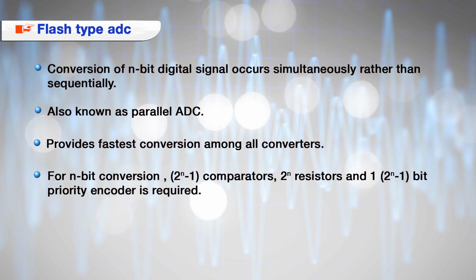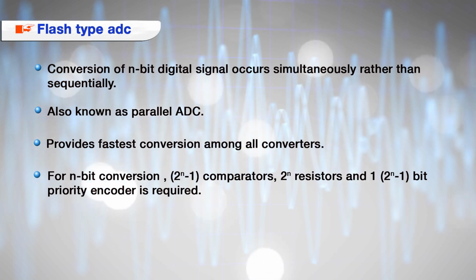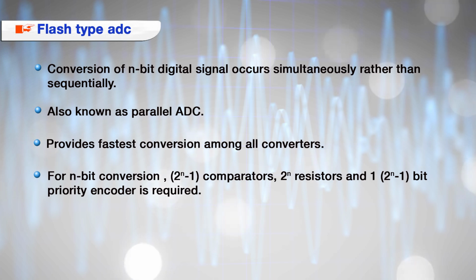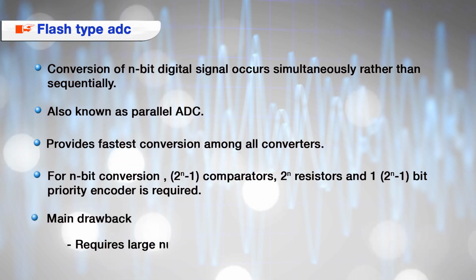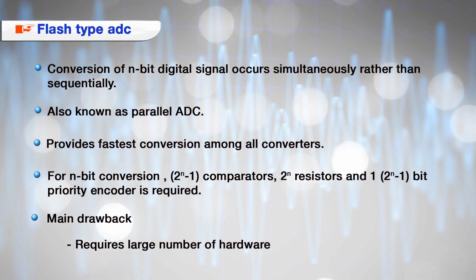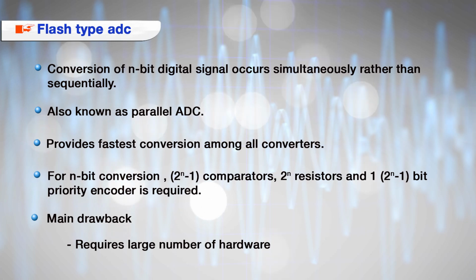Suppose we have an n bit ADC of flash type, then we need 2 to the power n minus 1 comparators, 2 to the power n registers, and a 2 to the power n minus 1 bit priority encoder. So the main drawback with this kind of ADC is that it requires a large amount of hardware. Let us understand the design of flash type ADC.